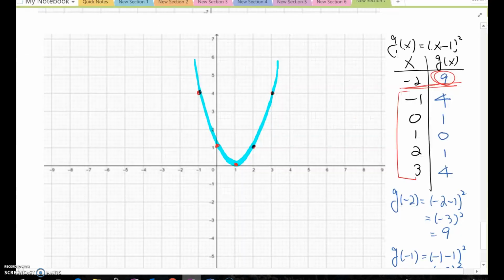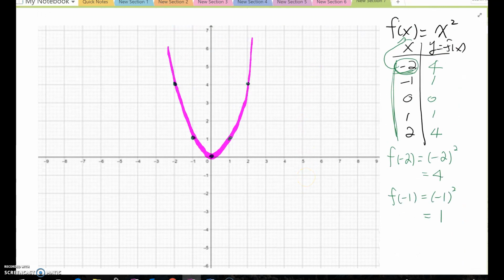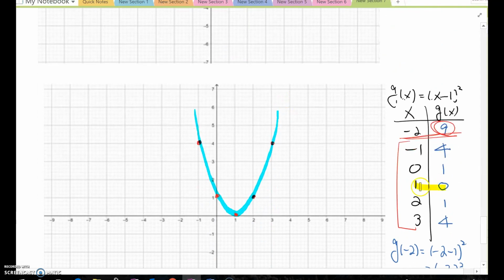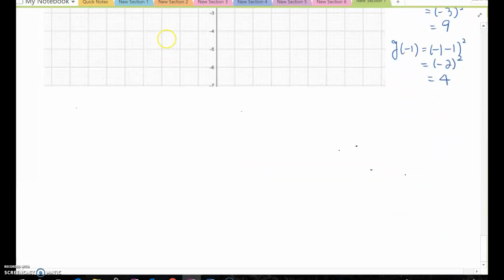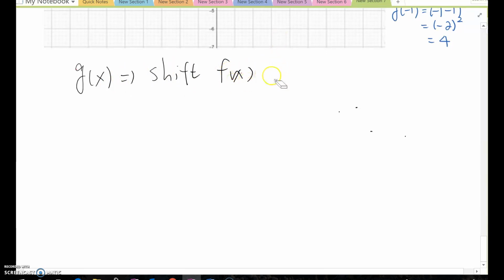And the output works here too. Before, we had 0 and 0 here, but now the output 0 value becomes (1, 0) here. So based on this, we can say the difference between f(x) and g(x): g(x) shifts f(x) 1 unit to the right.